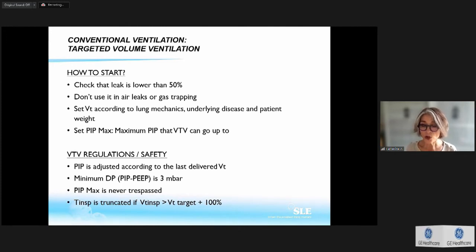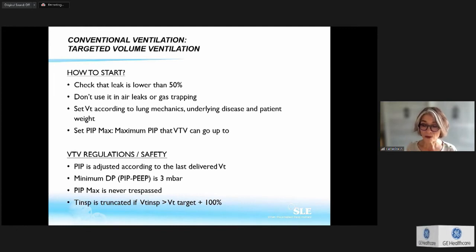So what you have to be careful with is to set proper TI and proper tidal volume for the patients. When we use VTV in the SLE ventilator, you can use it up to a leak of 50%. But frankly speaking, I wouldn't use 50% of leak. Why?